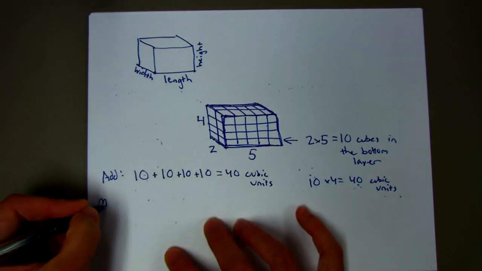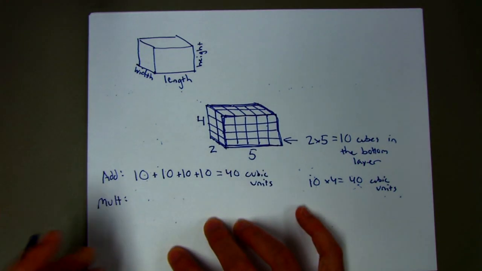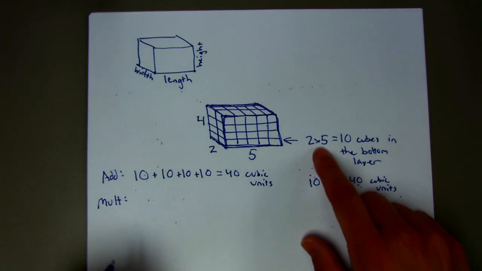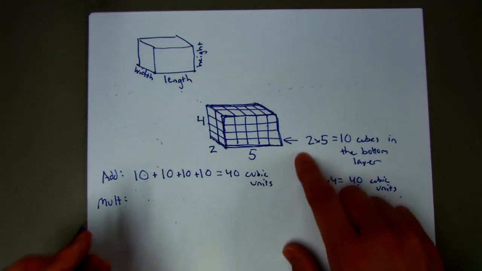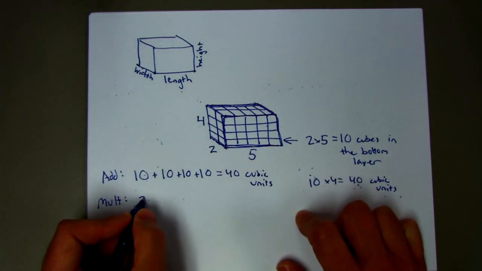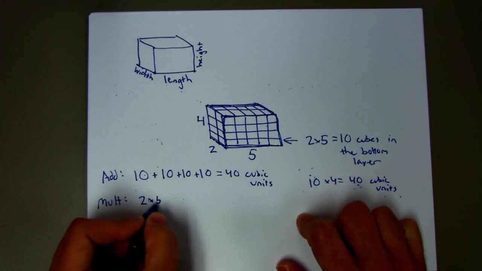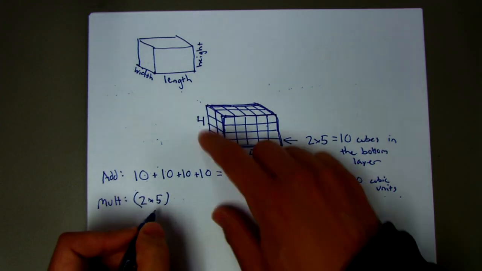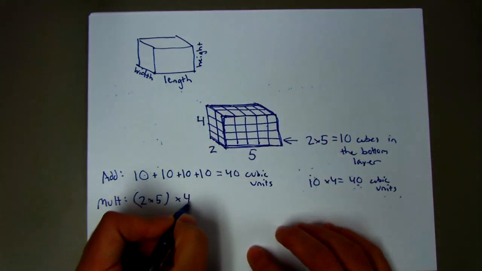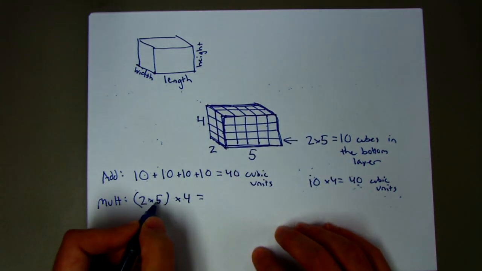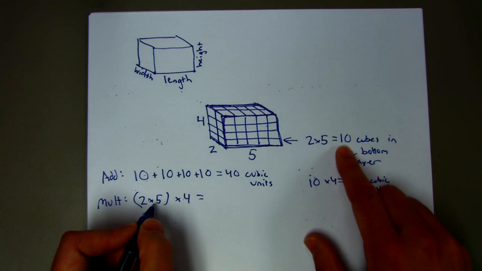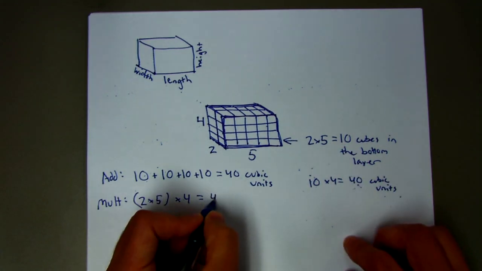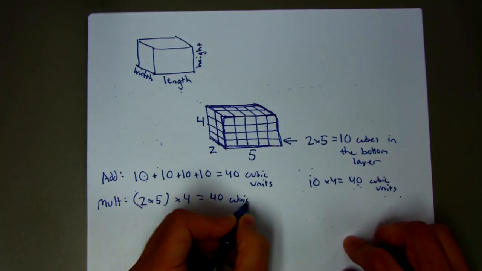Or I can write this as a multiplication equation with 2 times 5 getting me the number of cubes in the bottom layer, and then I multiply that by 4. 2 times 5, of course, is 10, and then 10 times 4 is 40 cubic units.